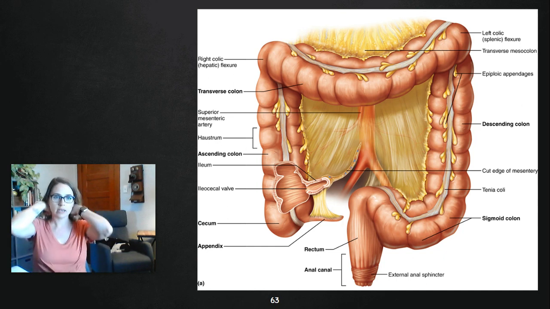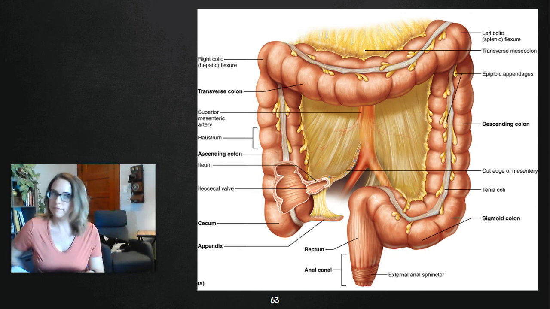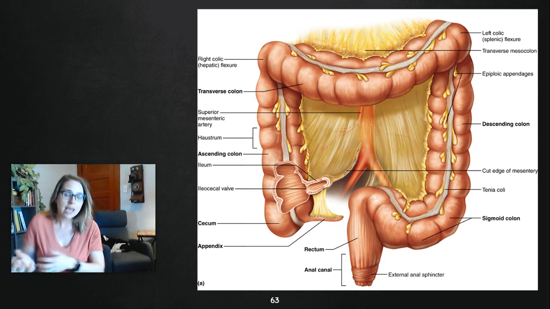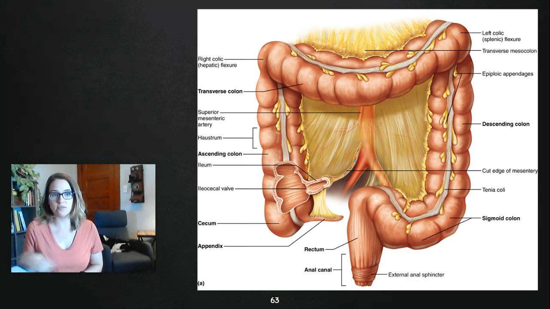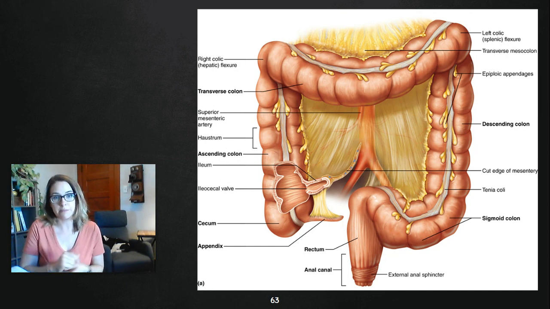And so the surgery to clean all that out is much more invasive. They kind of actually have to pull all the organs out and clean them and put them back in. Oftentimes you need a wound vac, something that's sort of pumping out any excess fecal matter that might be inside your abdominal cavity.